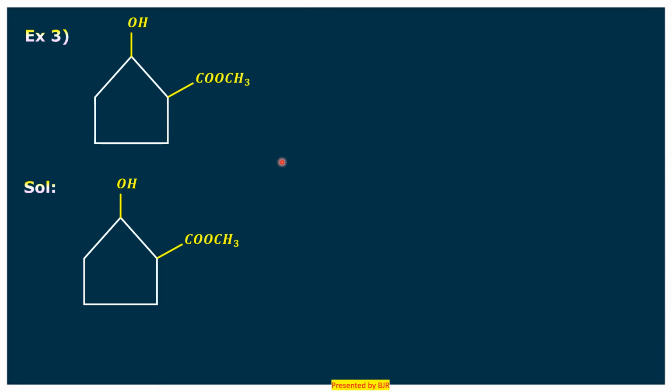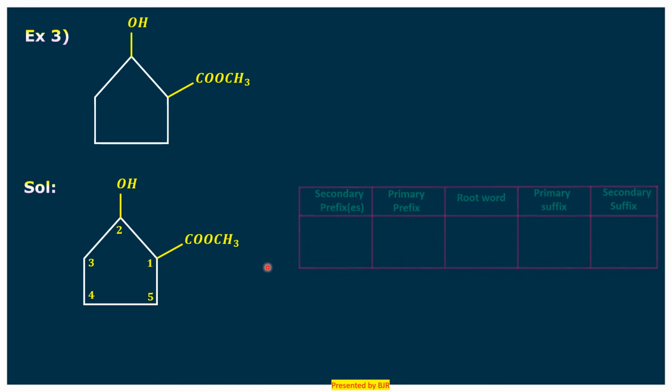And we have to number the ring in such a way that the carbon atom attached to the principal functional group is assigned the lowest possible number. So for that reason, I start numbering from here anti-clockwise. Okay.